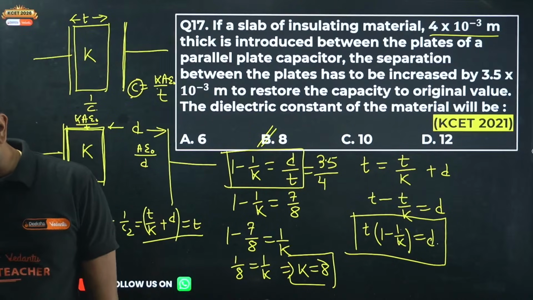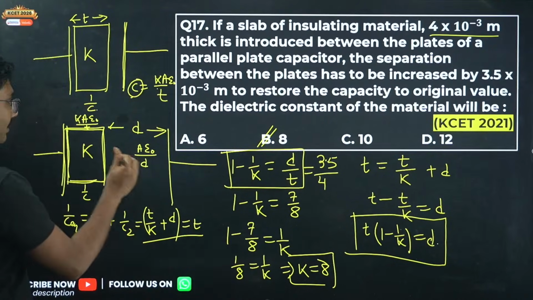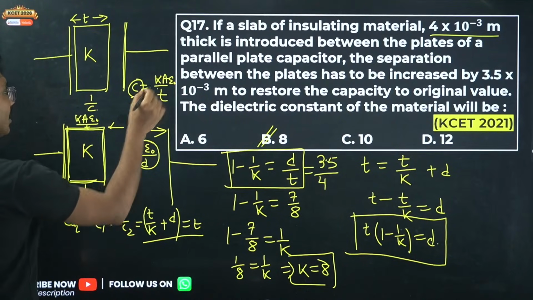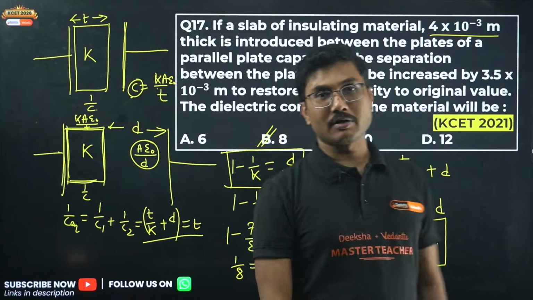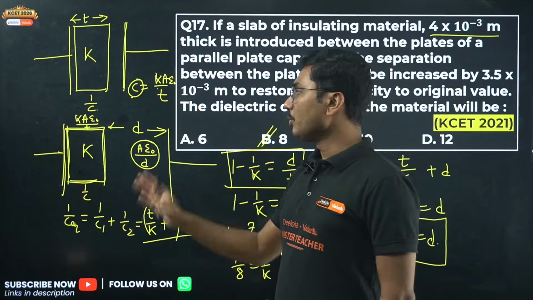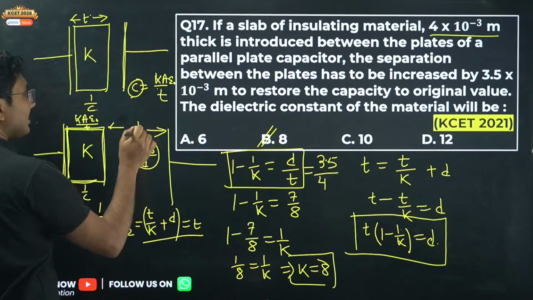C equals epsilon naught A by D is for an air capacitor. When you are inserting a dielectric medium, it will be K A epsilon naught by D. With the dielectric medium it is K A epsilon naught by D, with air only it is A epsilon naught by D. Now the thickness of this one and this one are different.